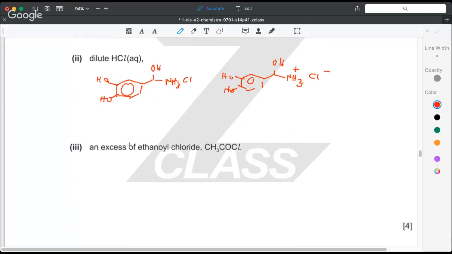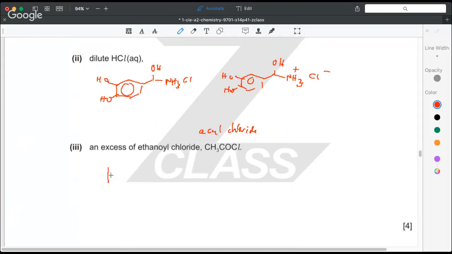And this one, you just need to know that these are called acyl chlorides. And the thing about acyl chlorides is they're extremely reactive. And so when you add acyl chloride to this noradrenaline, you're going to get reactions all over the place. All right.